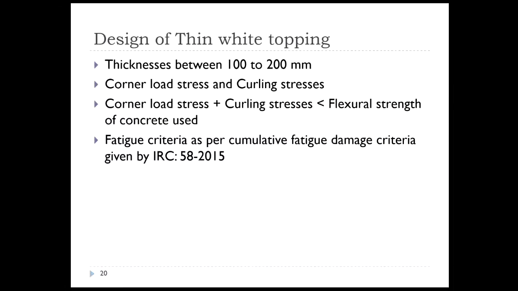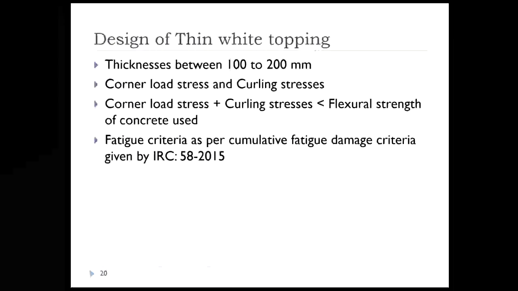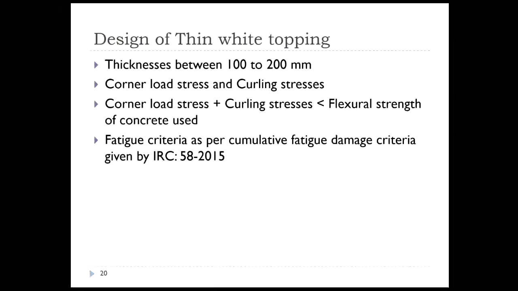Now there are design charts in IRC SP 76 2015. There are design charts which are proposed for slabs having thicknesses between 100 to 200 mm. The most critical stress combination considered in this guideline is corner load stresses and curling stresses.